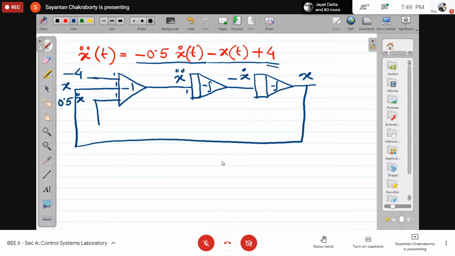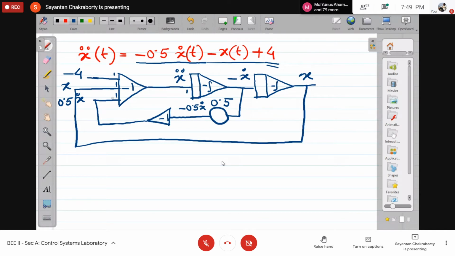How can this be done? We have minus x dot, right? So multiply it by a gain of 0.5. So what do you have? Minus 0.5 x dot. Now put an inverter. You'll get 0.5 x dot.